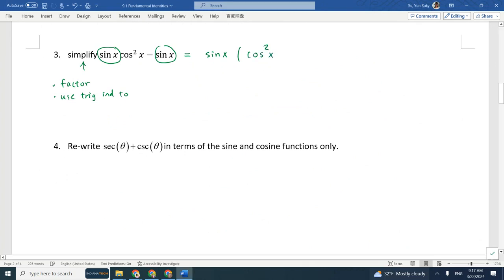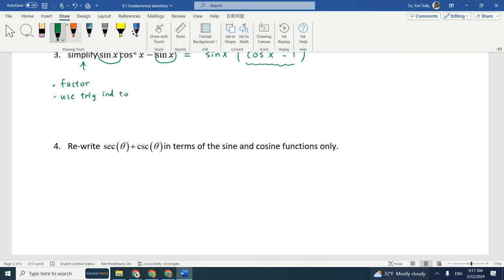And then minus 1. Right, everybody? And then, what else can we do? Cosine square minus 1.